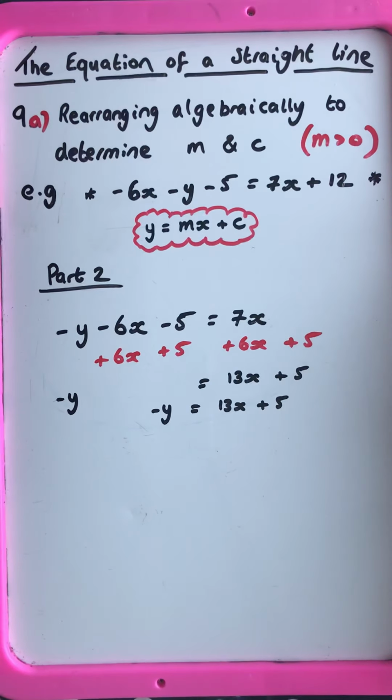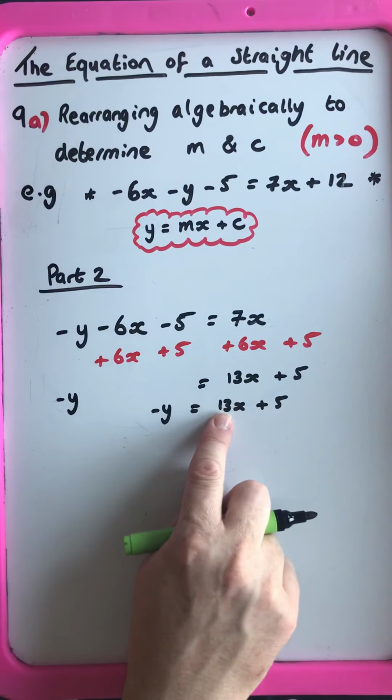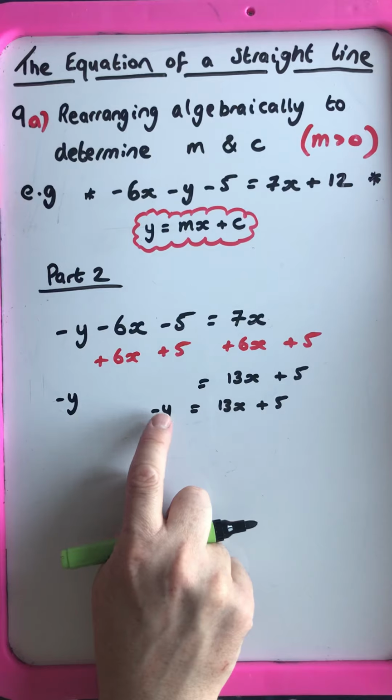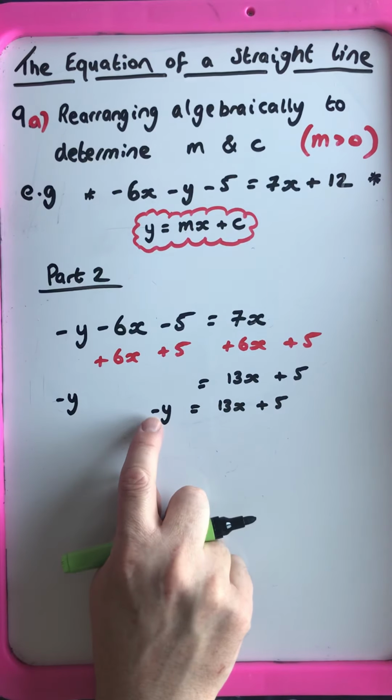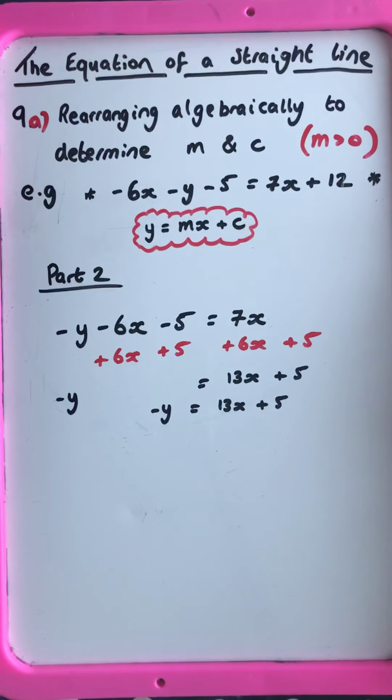Now, you might think about this and think, oh, I'm done, gradient, y-intercept, but hold on. y equals mx plus c, not negative y. So we have got a negative y. So we need to invert that operation, invert that multiplier. That multiplier is a negative 1.